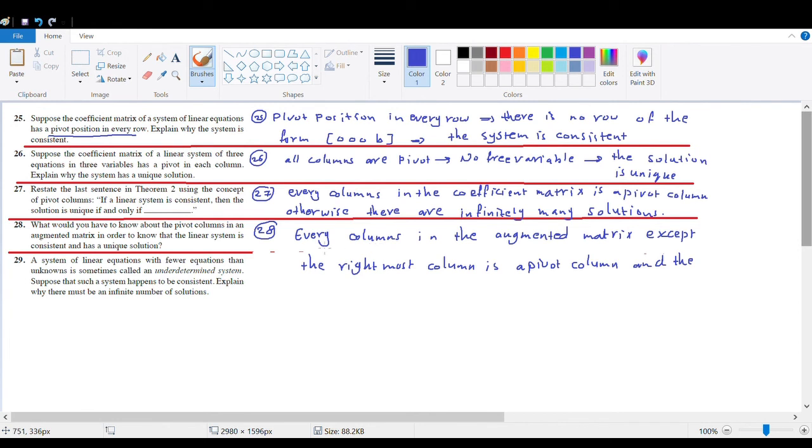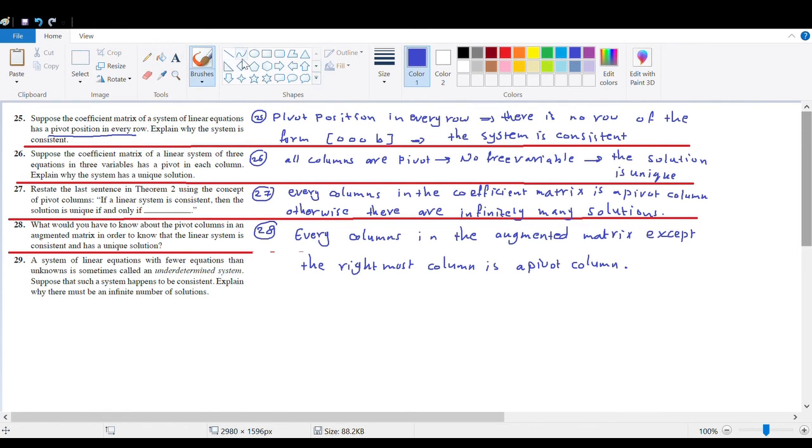Or it is enough to write every column in the augmented matrix except the rightmost column is a pivot column. So no need to repeat this one. So here we will have a consistent system and a unique solution.